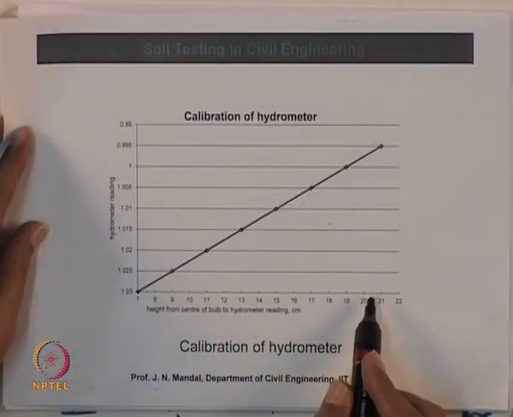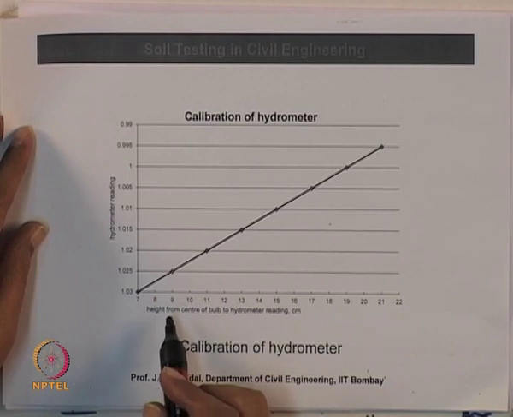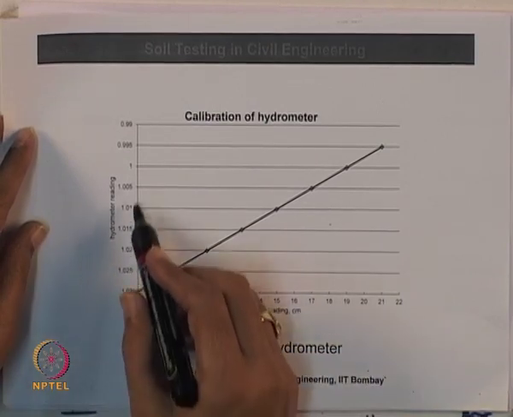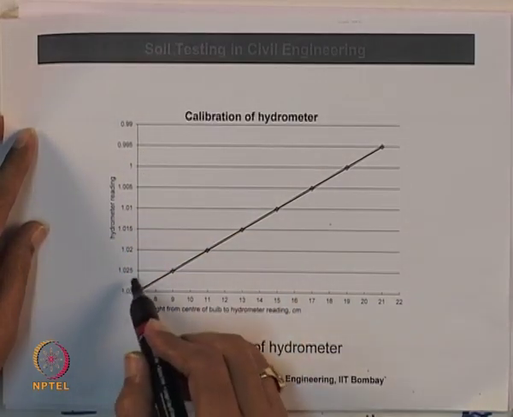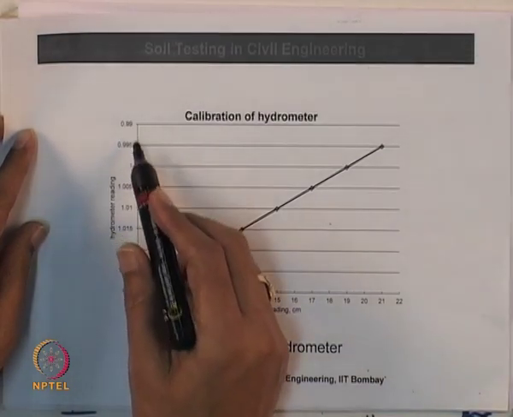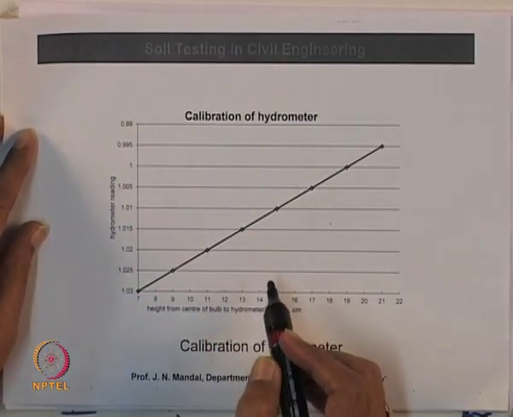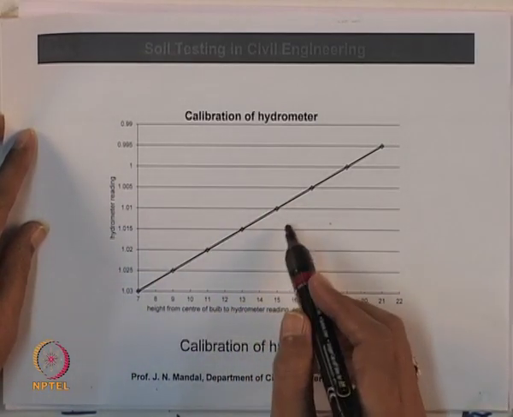Also, you can use this calibration of the hydrometer. This x axis is the height from the center of the bulb of the hydrometer, in centimeters, and this is the hydrometer reading. So, 1.02, 1.015, 1.011, like this are the hydrometer readings. This is the calibration of the hydrometer.